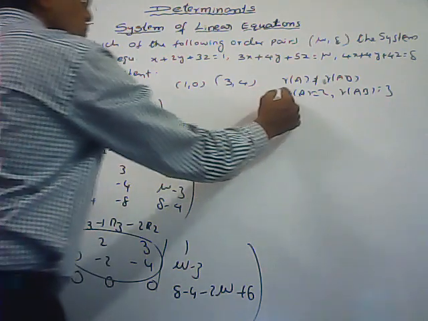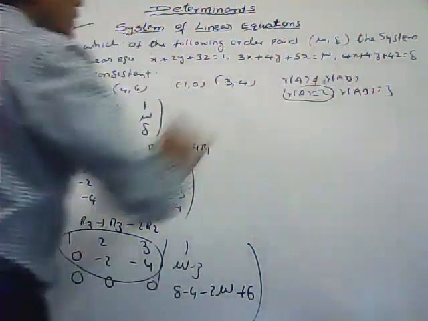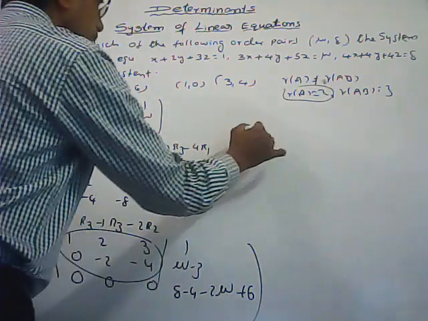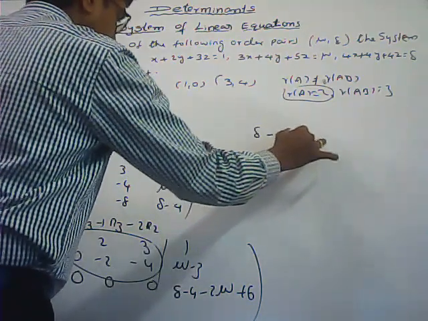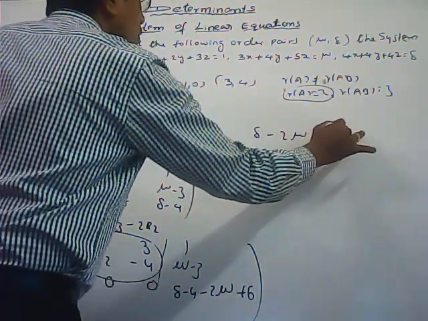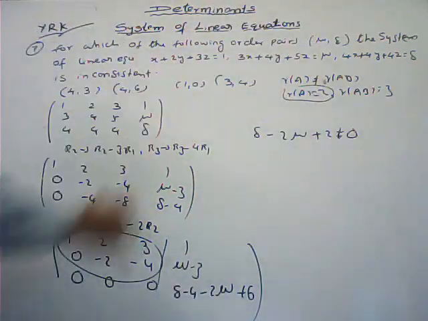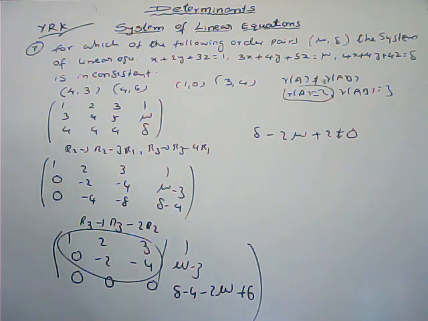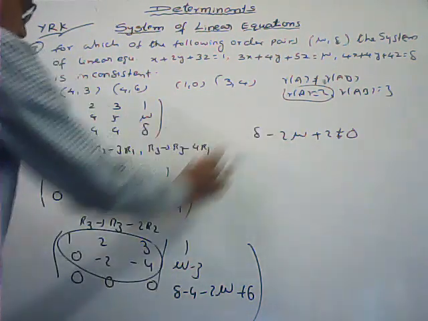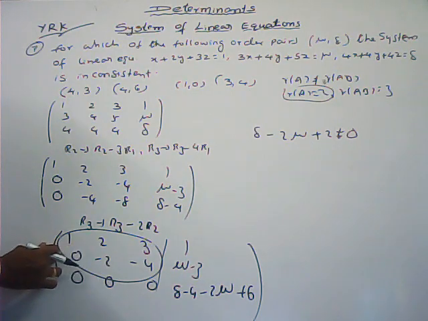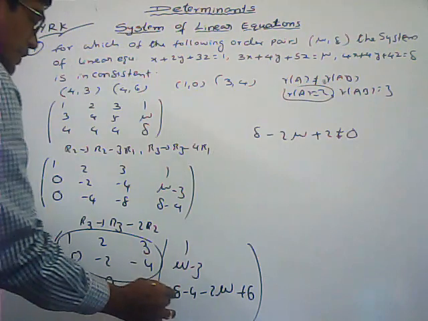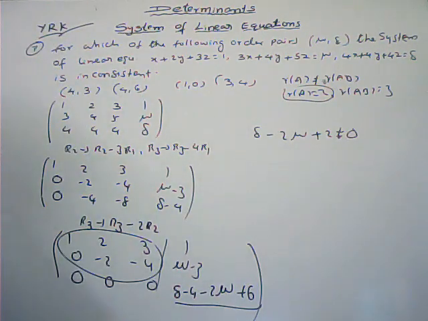So this is satisfied. And the rank of the augmented matrix should be 3. 3 means delta minus 2 mu plus 2 should not be equal to 0. If it is not equal to 0, then only the system of linear equations is said to be inconsistent. The rank of the coefficient matrix I got is 2, and to get the rank of the augmented matrix as 3, this should not be equal to 0.